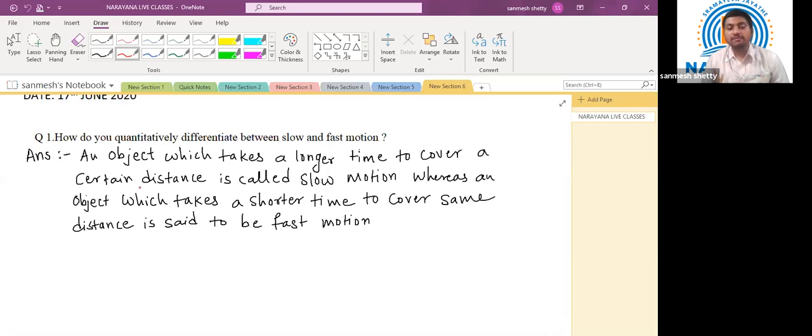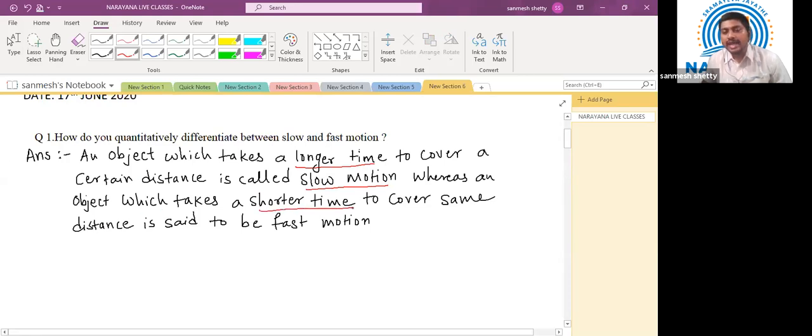If the same distance is covered in a longer amount of time, then we say that the motion is slow. So the answer to this question is: an object which takes longer time to cover a certain distance is called slow motion, whereas an object which takes shorter time to cover the same distance is said to be fast motion. I hope the point is clear.